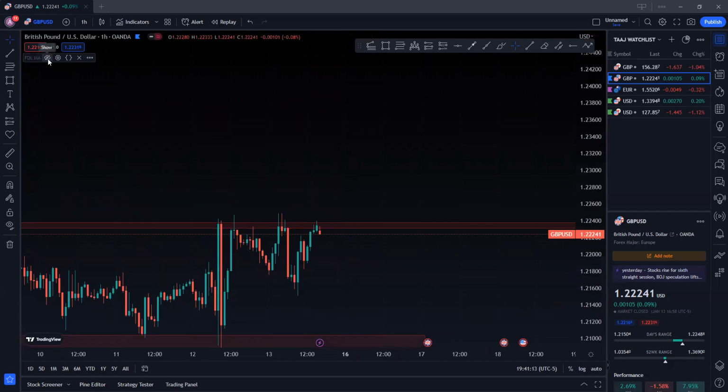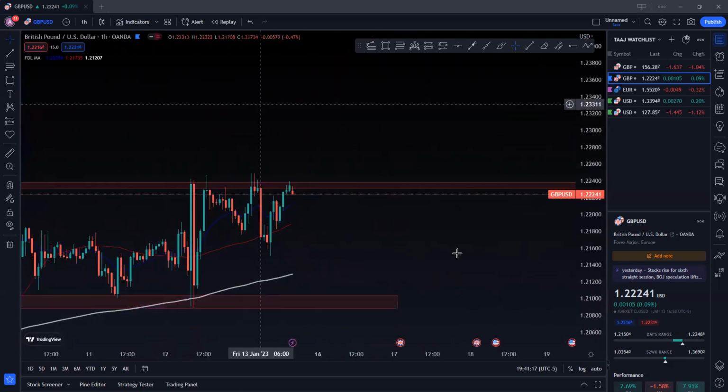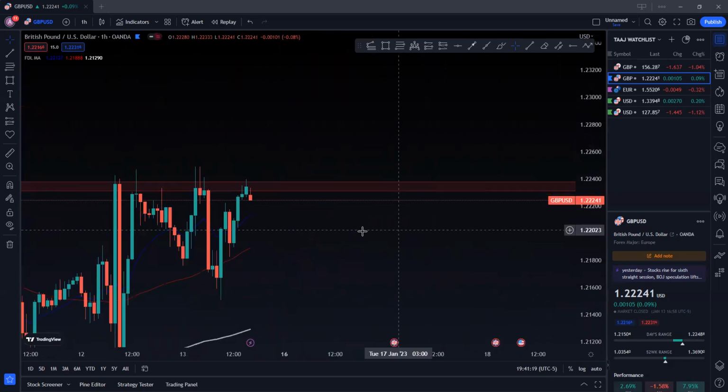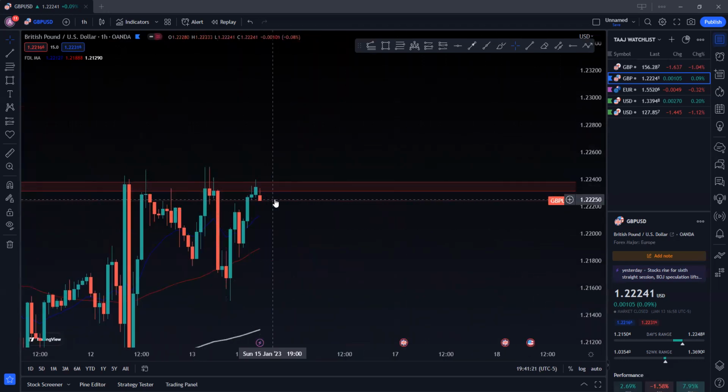So I'm just gonna take a sneak peek at my indicator. As you guys can see, this could be a continuation of the bullish, and I'm probably gonna wait until the price comes here and see any sign of a rejection on the first moving average.